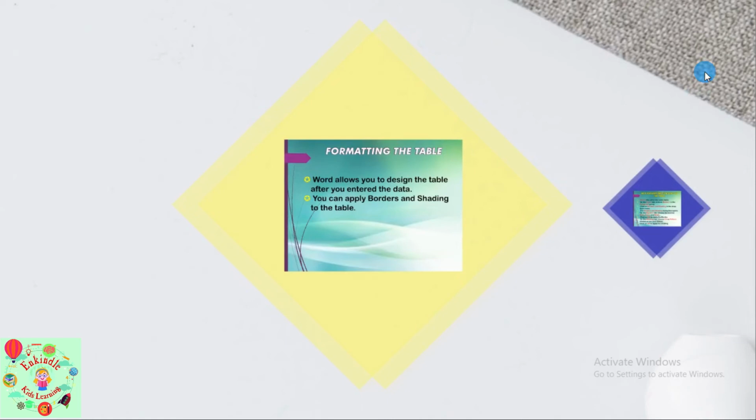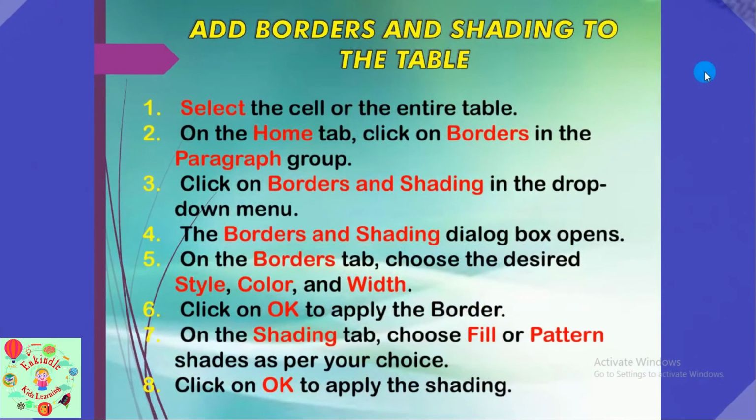You can apply borders and shading to the table. Under this, we saw how to add borders and shading to the table. By default, Word applies 0.5 point solid black line border around all table cells. You can change the border and shading style of the entire table or of a selected cell.